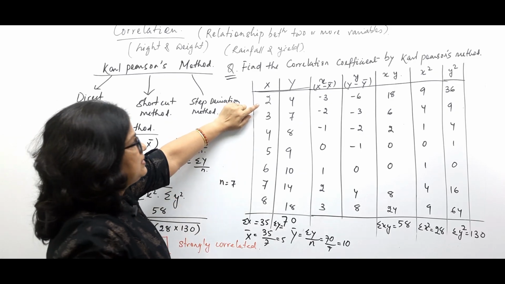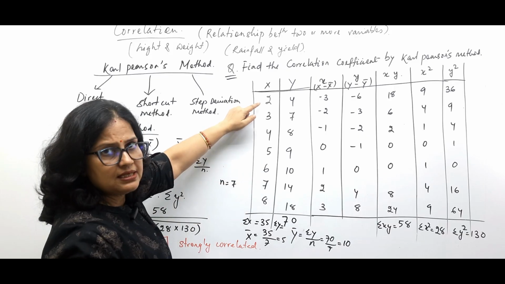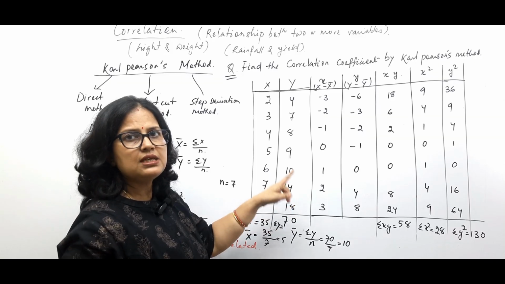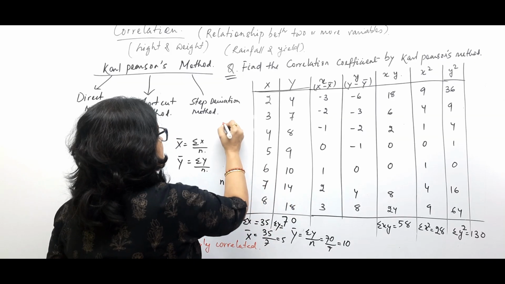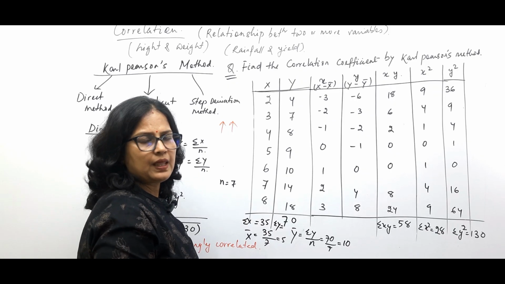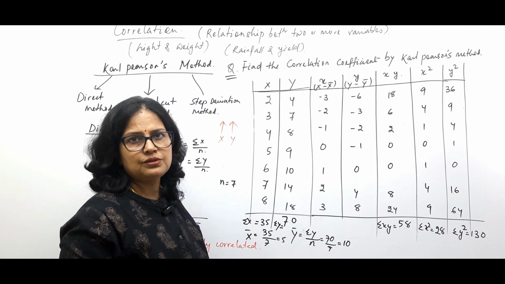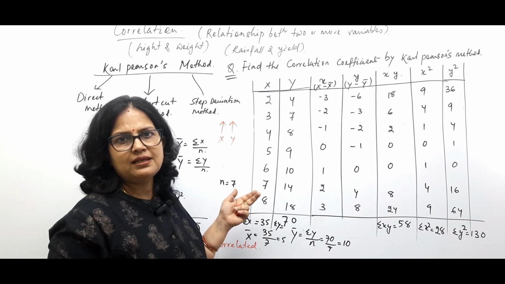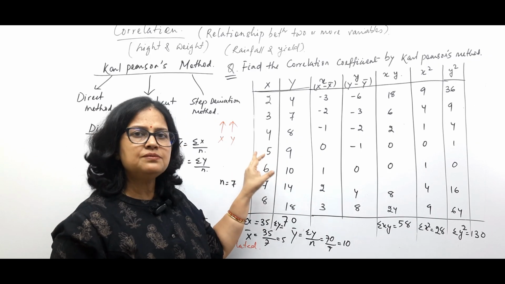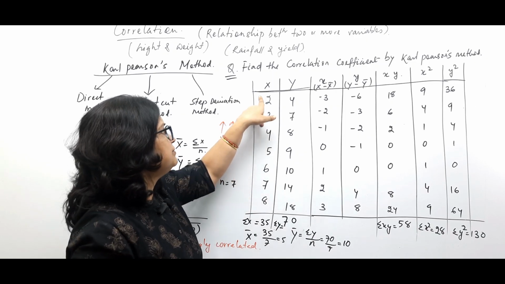If you see here, x is increasing, and y is also increasing. Both are positive. And the rate of increase is also very close. They are increasing at the same rate. So that's why you can say there is a very strong positive correlation between x and y.